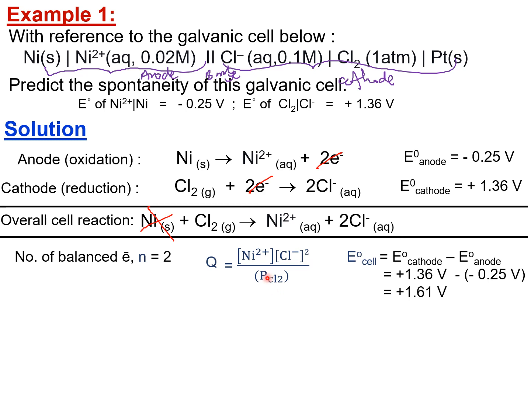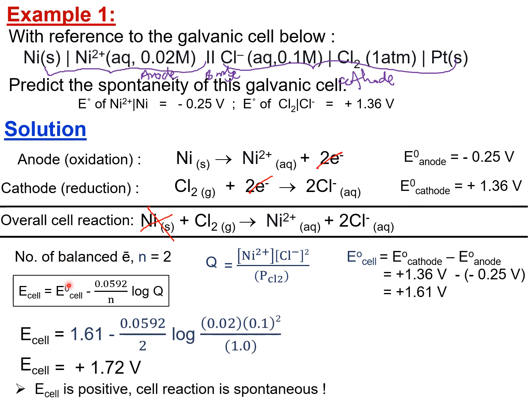But don't worry, all of this information you can get from here, where the concentration of Ni2 plus is 0.02 molar, the concentration of Cl minus is 0.1 molar, and the partial pressure of Cl2 is 1 atm. So you just put it into the Nernst equation to find your non-standard cell potential, and you will get a positive value. Since the Ecell is positive, therefore the cell reaction is spontaneous. If you get negative, the reaction will be non-spontaneous.